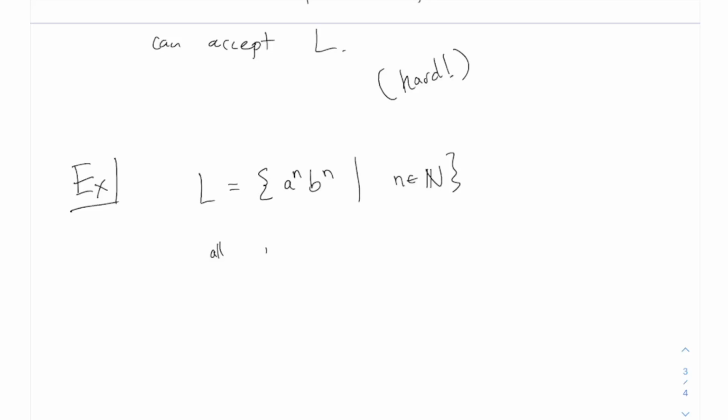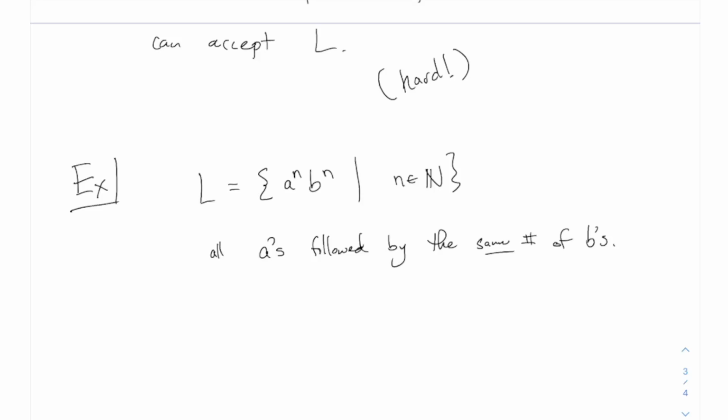So it's all A's followed by the same number of B's. And it's this issue about the same number that a DFA has a real hard time with.